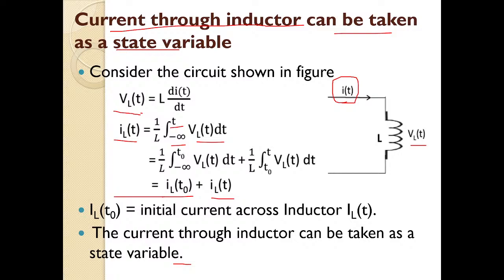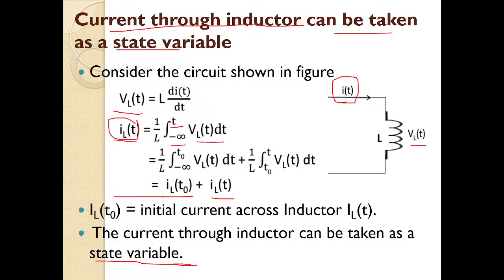So this current IL of t is the current through the inductor, which is our state variable. I hope you have understood what is meant by state variable.